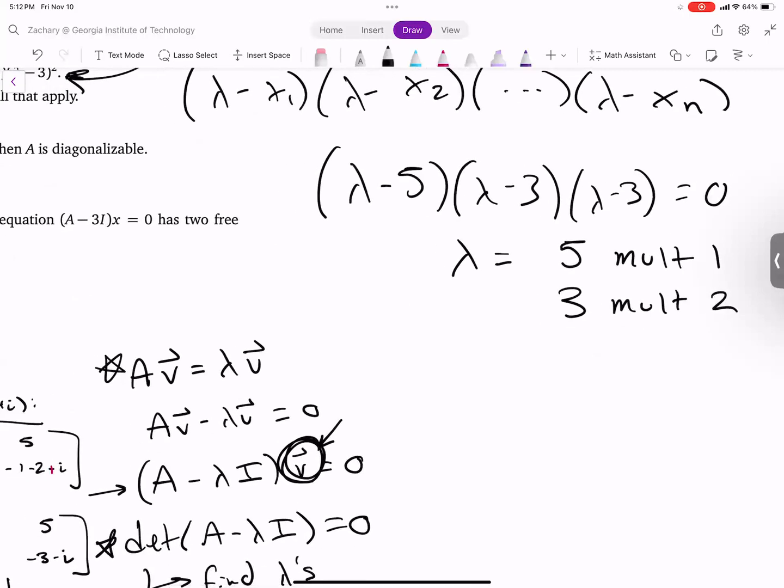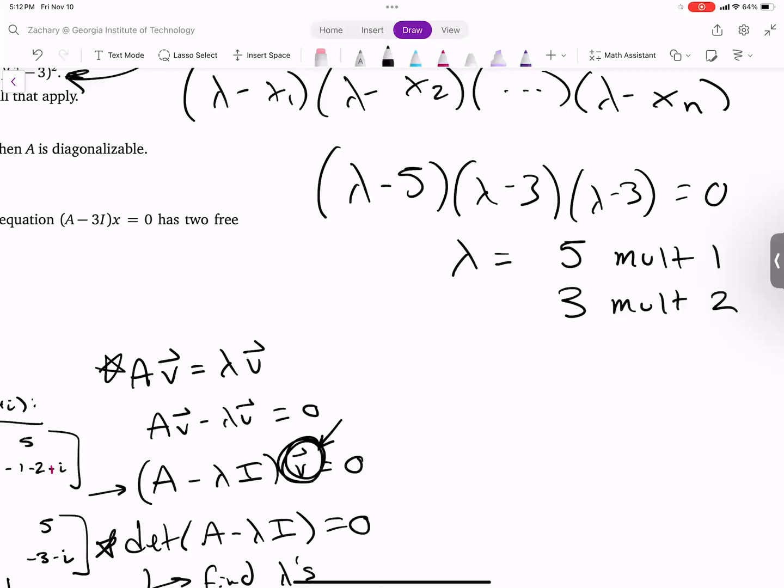Algebraic multiplicity defines the maximum size of my geometric multiplicity. If lambda equals 5 has an algebraic multiplicity of 6, what is the greatest dimension of my respective eigenspace? Must it be 6-dimensional? What dimension must it be at least? 1. These are important things to know.